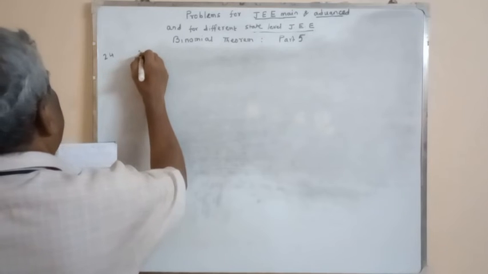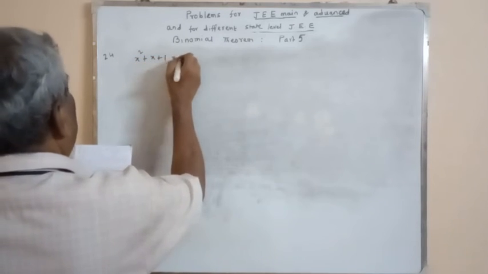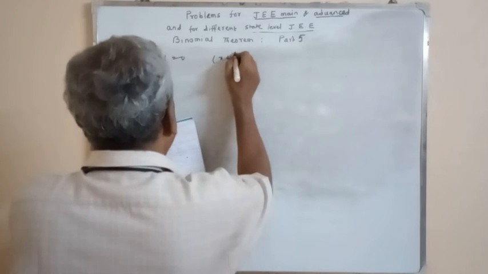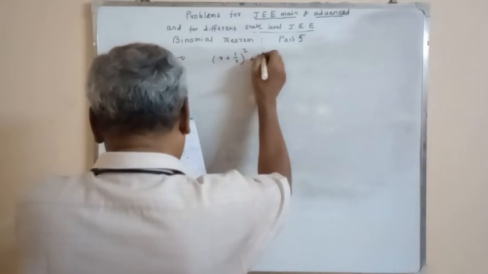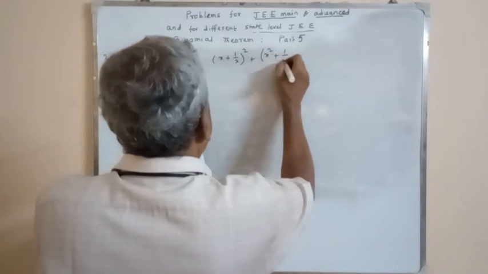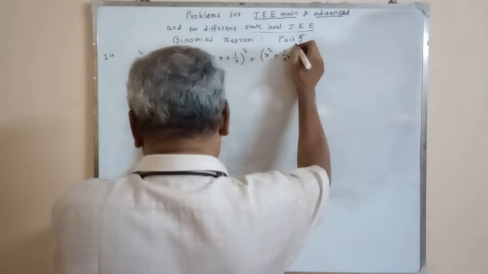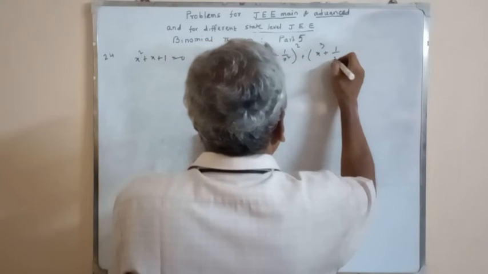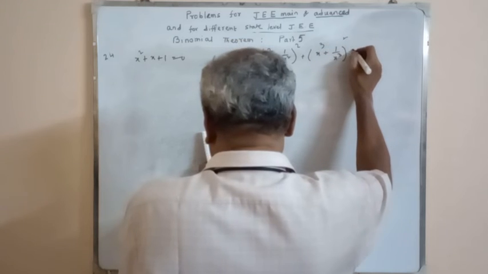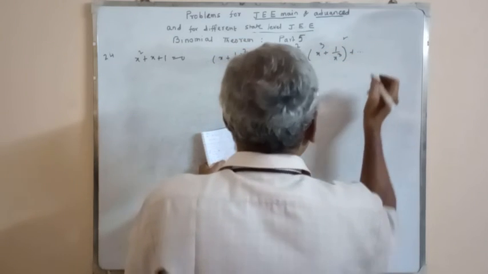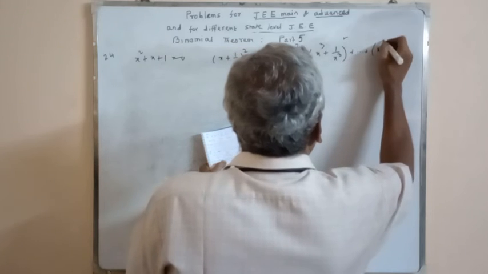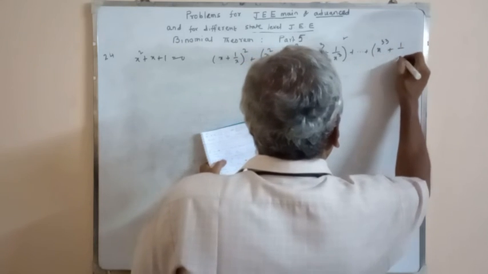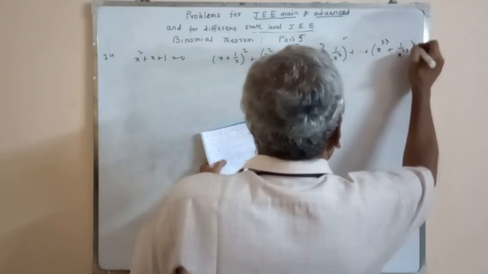If x square plus x plus 1 is equal to 0, then what is the value of (x plus 1 upon x) whole square plus (x square plus 1 by x square) whole square plus (x cube plus 1 by x cube) whole square up to (x to the power 33 plus 1 by x to the power 33) whole square?